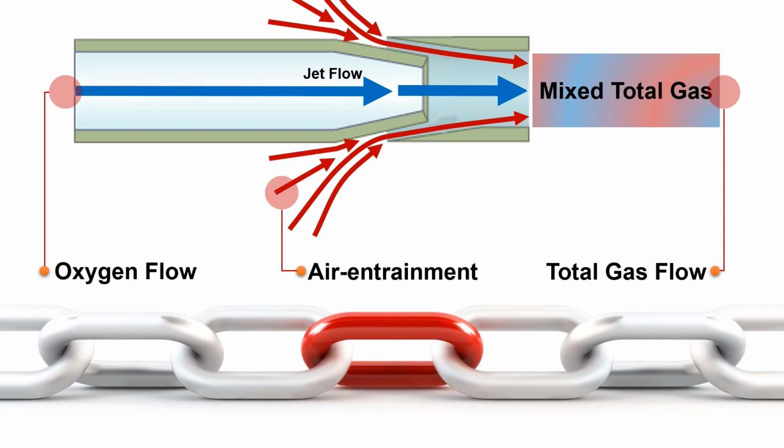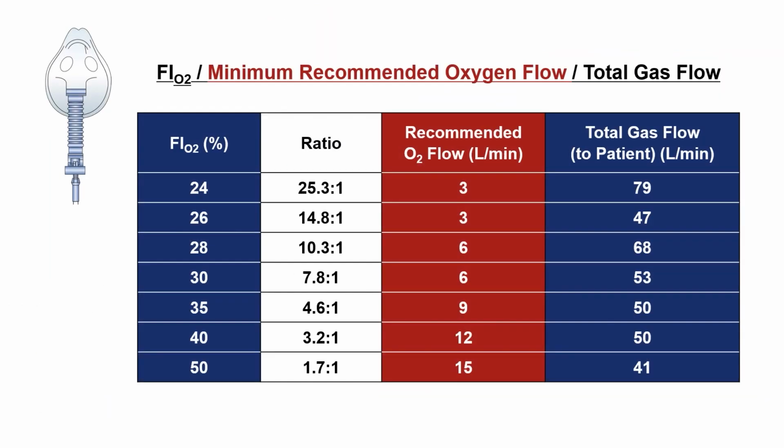Therefore, the amount of oxygen supplied, the amount of room air entrained, and the total gas flow are all closely related. To achieve the said FiO2 correctly, a minimum recommended oxygen flow is crucial. In a Venturi mask, to achieve 24 to 26% FiO2, a minimum of 3 liters per minute of oxygen flow is required.